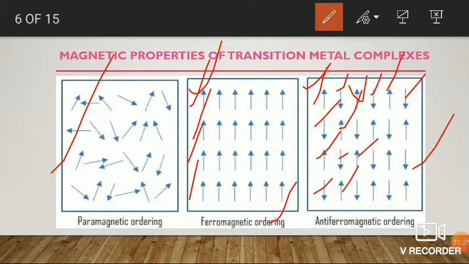In diamagnetic substances, all the electrons are spin paired. That is, there is complete spin pairing. Okay, fine. Next.